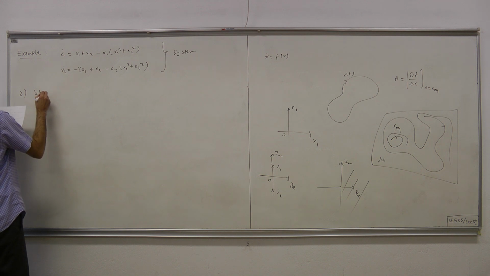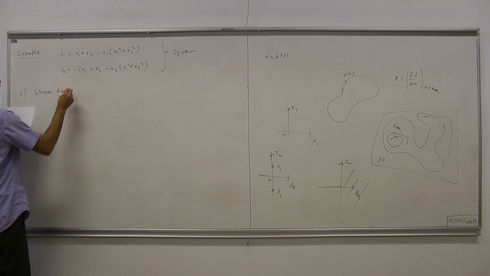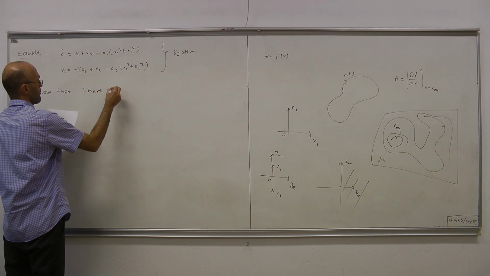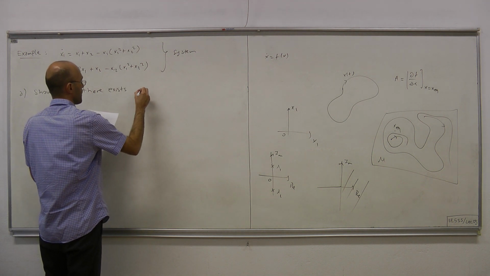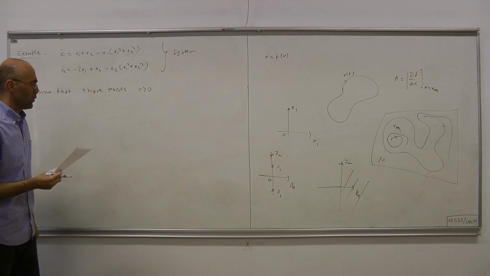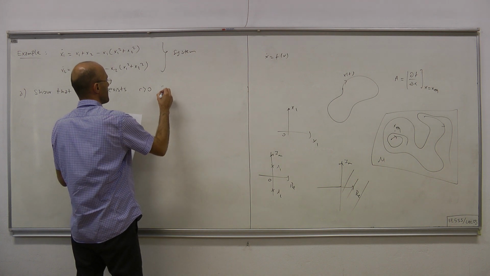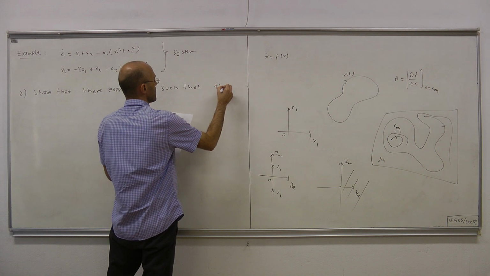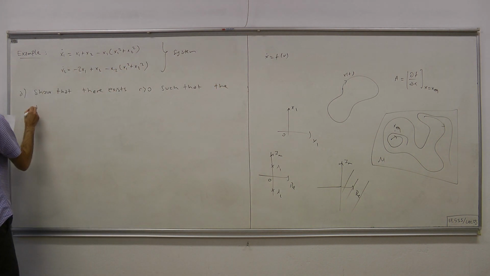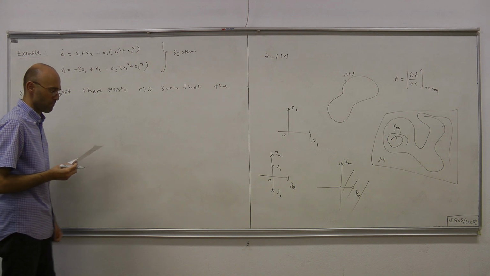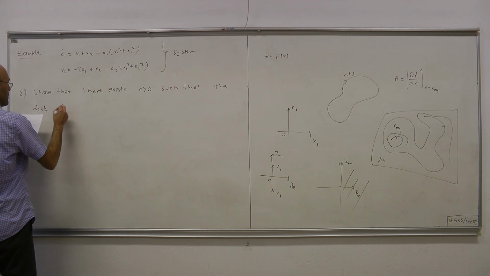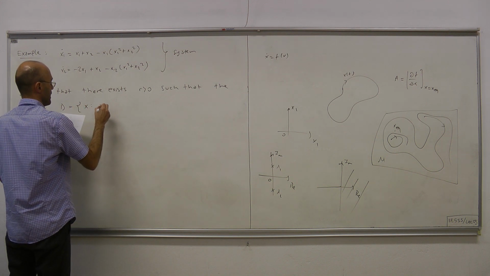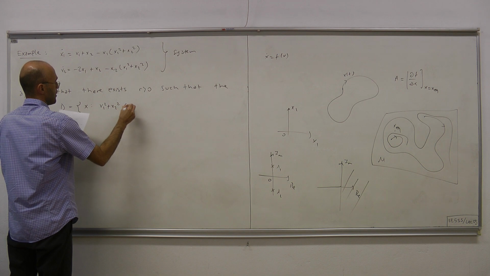Show that there exists a positive number r such that the disk D centered around the origin, the set of points that satisfy x1 squared plus x2 squared less than or equal to r squared, is forward invariant.